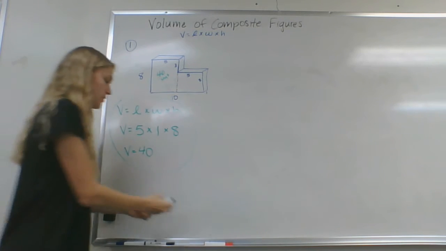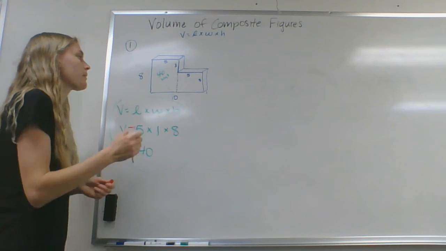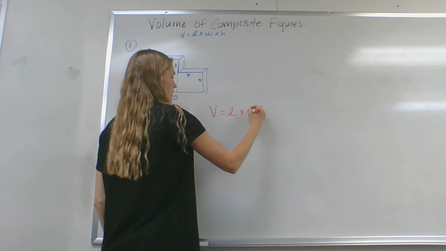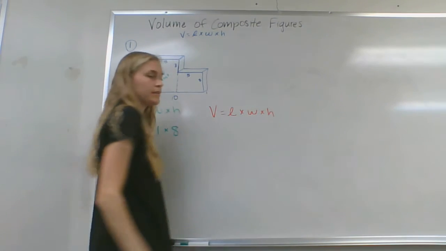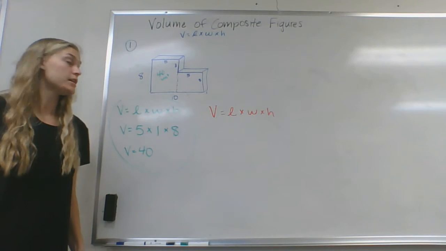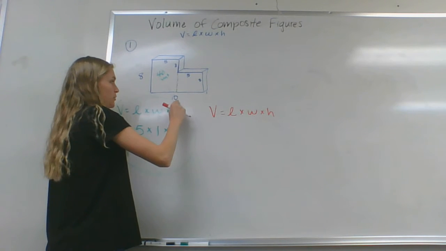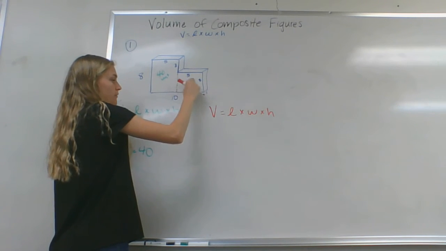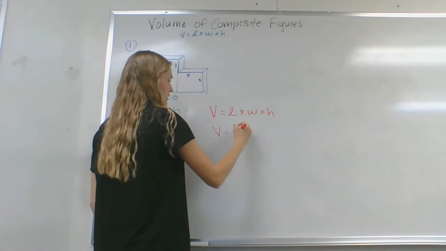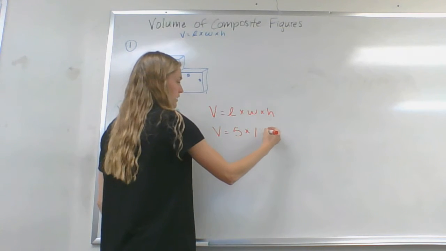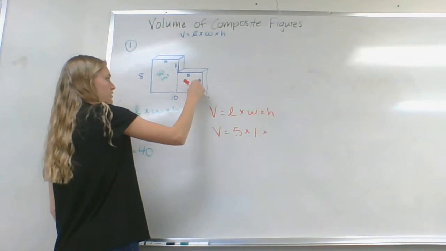Now we'll find the volume of the second part. So we need to find the length, the width, and the height of that section so that we can figure out its volume. So the length, again, up at 10, how long is it? It's 5 again. The width, how far it goes back, is still 1. And its height now is 5.